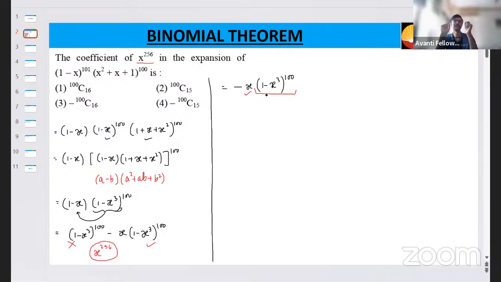If you really understand binomial theorem, then if I expand (1 minus x cube) raised to the power 100, I'll get many terms, and all those terms will be multiplied by that x. So from here I need x raised to the power 255, which is divisible by 3.